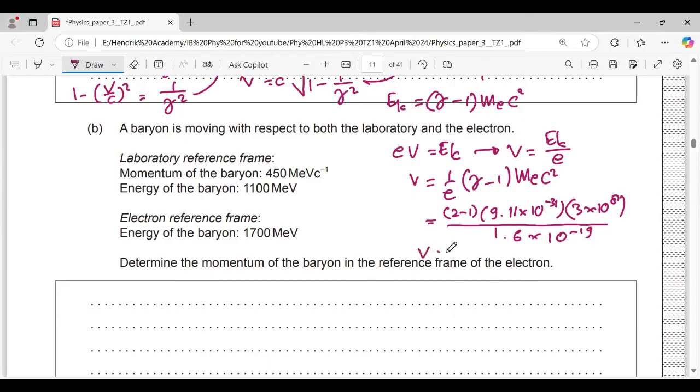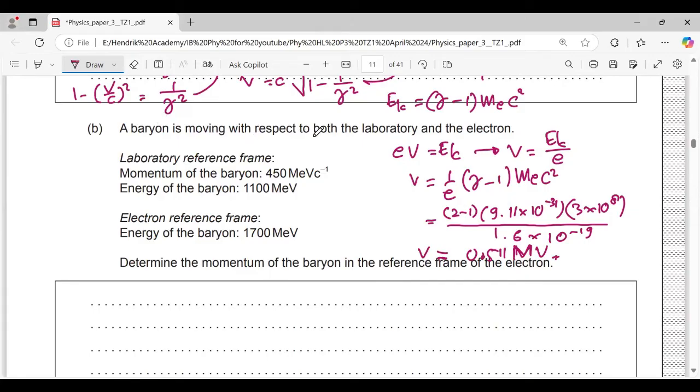So phi, if you calculate, phi equals 0.511. So this is the result, 0.511.